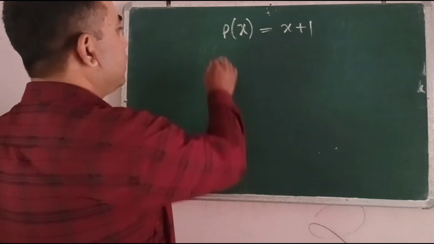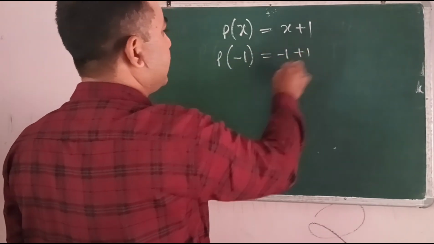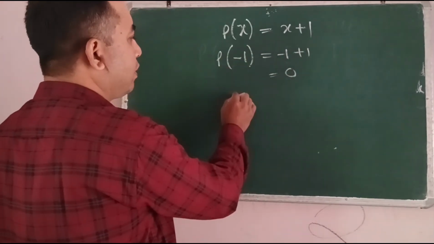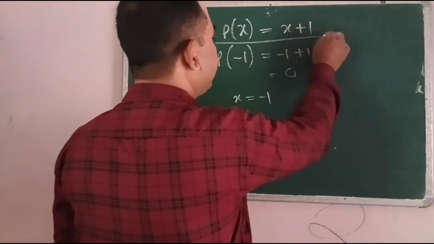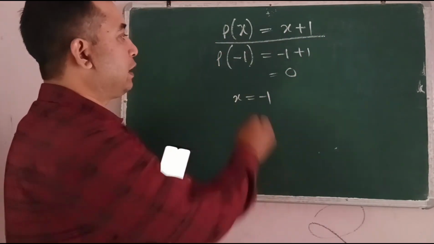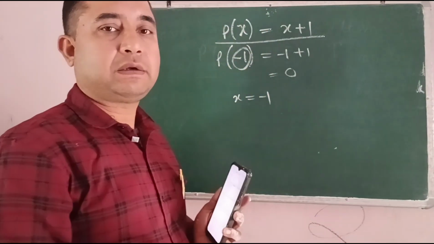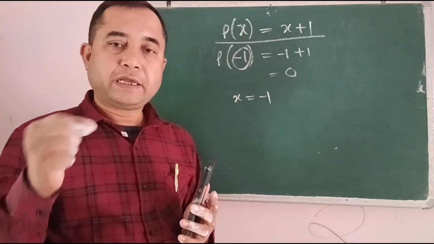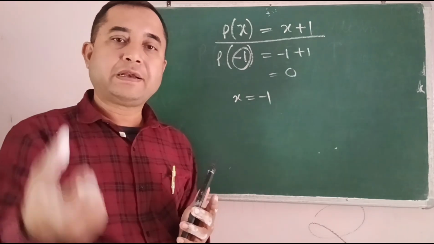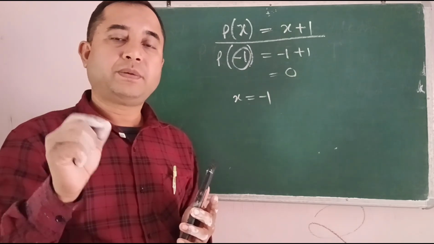So P(-1) will be equal to minus 1 plus 1 is equal to 0. For the value of x equal to minus 1, the P(x) becomes equal to 0, then this minus 1 is called the 0 of the polynomial. 0 of the polynomial means the value of x that you put in the polynomial to get the result 0 is exactly called the 0 of the polynomial.